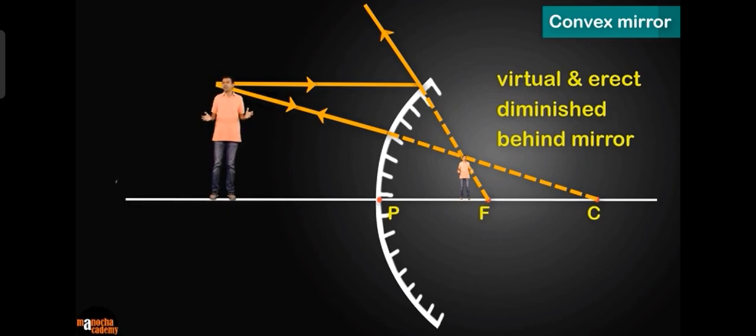Remember, the concave mirror had so many different cases, but the convex mirror is the easy one in the syllabus because it doesn't matter where you stand in front of the mirror, the image properties are always going to be the same. It's going to be virtual and erect, diminished, and the image will be formed behind the mirror. Have you noticed the convex mirrors used at the intersection of roads?